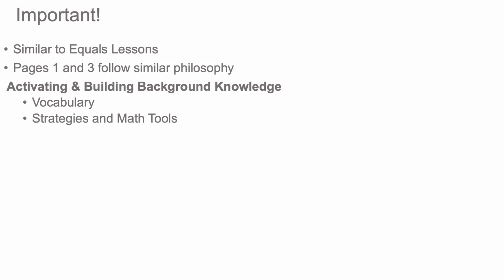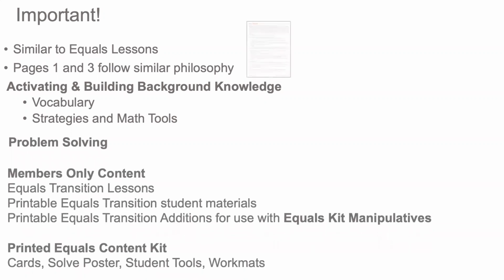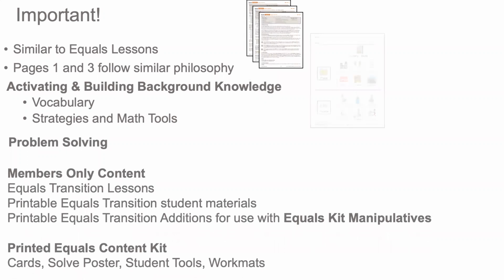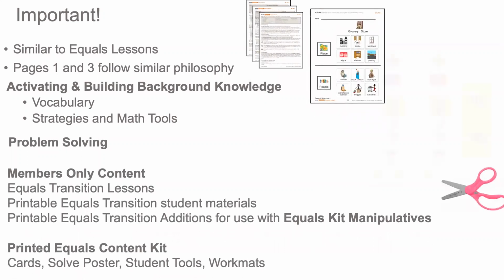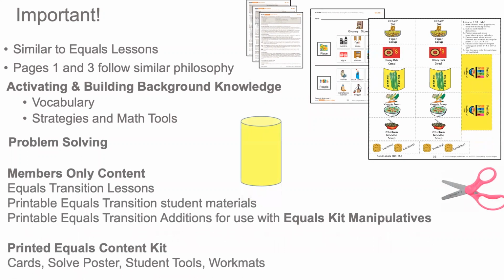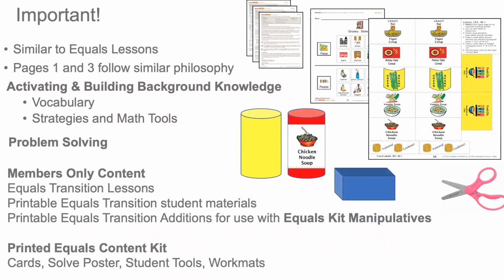So you're activating and building background knowledge, vocabulary, strategy and math tool instruction, followed by a community research page, and finally, problem solving. The materials for transition lessons are located within the additional members-only content and are organized by corresponding Equals chapters and lessons. Printable materials from Equals Transition and templates for use with Equals manipulatives, as you can see here with the blocks to represent groceries.